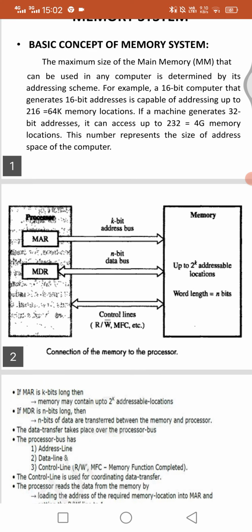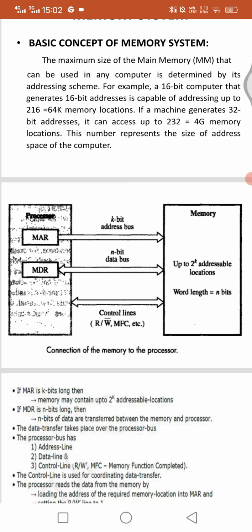For example, a 16-bit computer generates 16-bit addresses, which means it is capable of addressing up to 2 power 16 locations. Or if a machine generates 32-bit addresses, it can access up to 2 power 32 memory locations. This number represents the size of the address space of the computer.